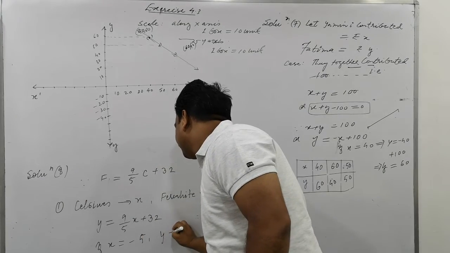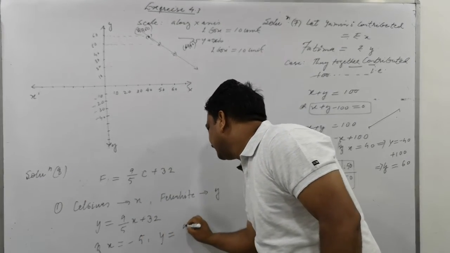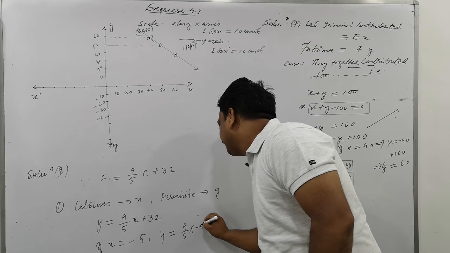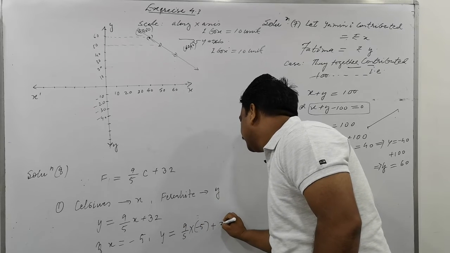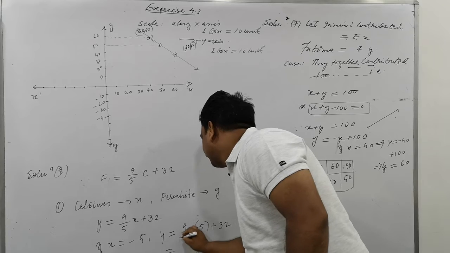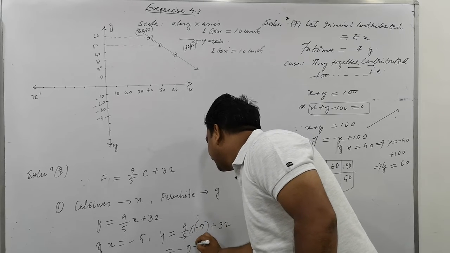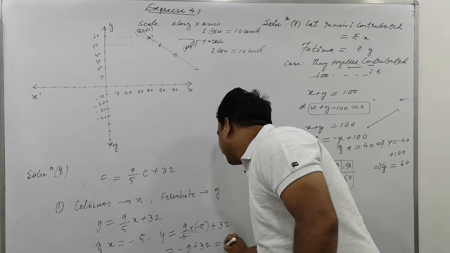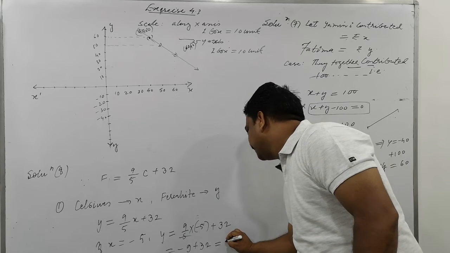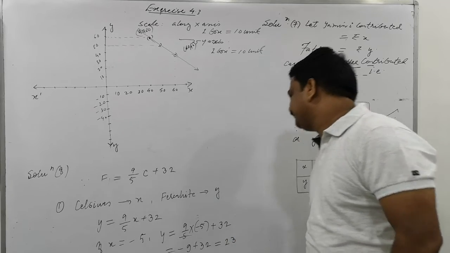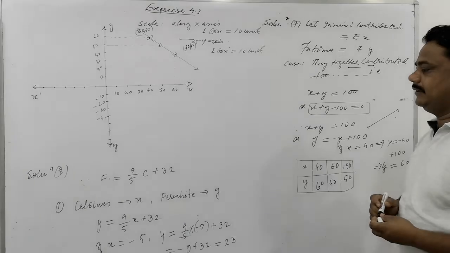So what is y coming? Therefore y is 9 by 5 into minus 5 plus 32. 5 cancels, minus 9 plus 32, and it's coming 23.